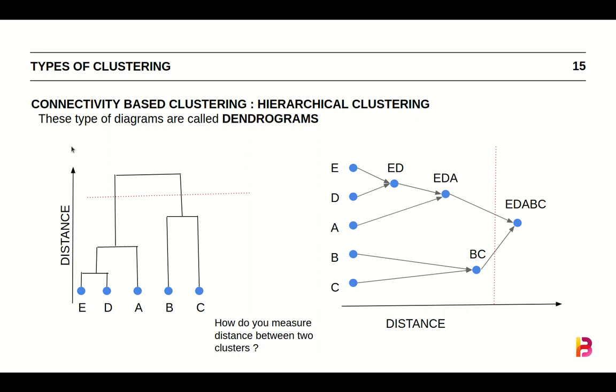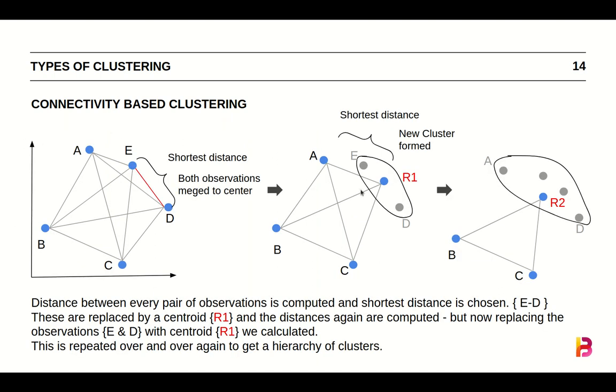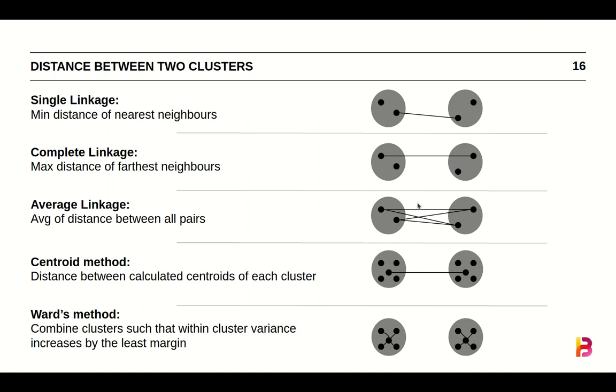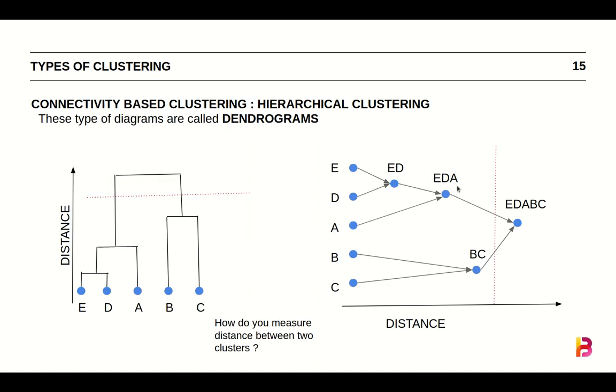So this is just a representation of what is happening in a tree format. If you tilt this way, it might exactly look like this. So we start with our points. E and D get combined first into ED, one big cluster. And then ED gets combined with A into a bigger cluster EDA, comprising data points E, D and A. And then B and C combine together.